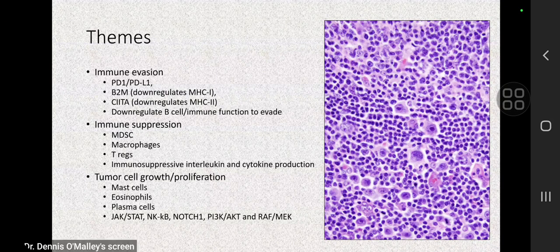It's actively suppressing the immune system using those myeloid-derived suppressor cells, macrophages, T regulatory cells, the exhaustion of the T helper cells, immunosuppressive interleukin and cytokine production. And then finally, it is not only having mutated pathways that are adding proliferation, but it's recruiting cells that actually encourage its proliferation as well.